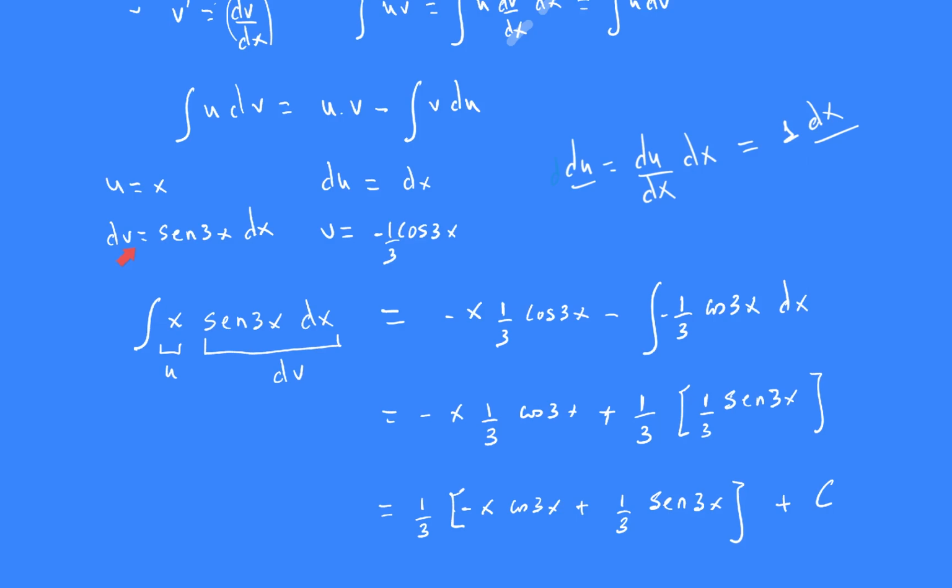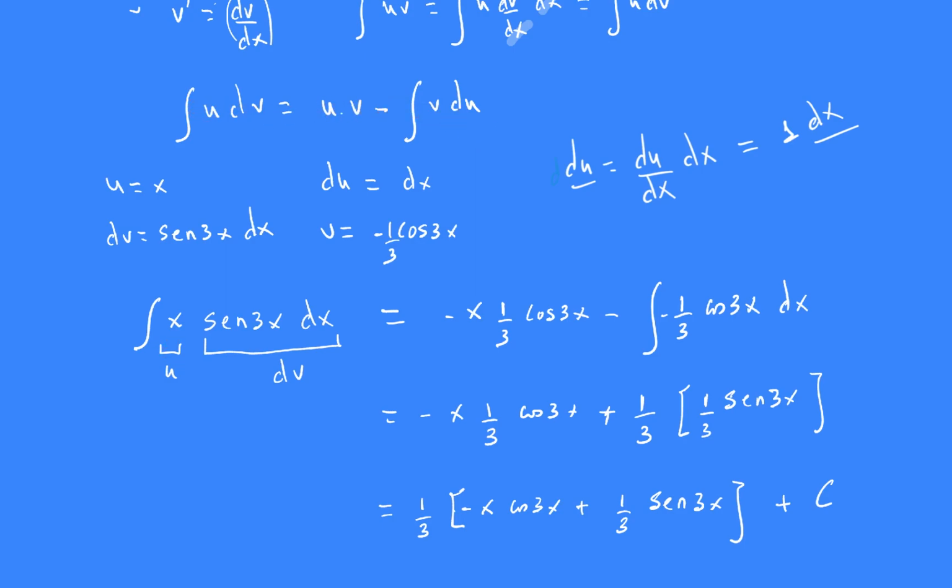If dv is sine of 3x dx, who is v? V is the function whose derivative is sine 3x. So v is minus 1/3 cosine of 3x. So now I have all the data to plug into this equation for integration by parts.